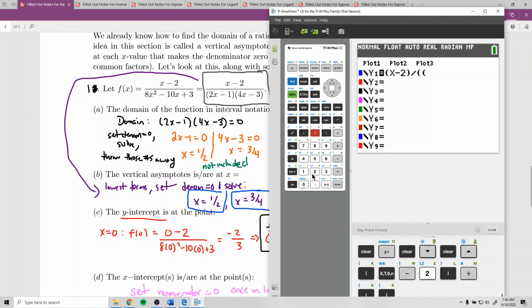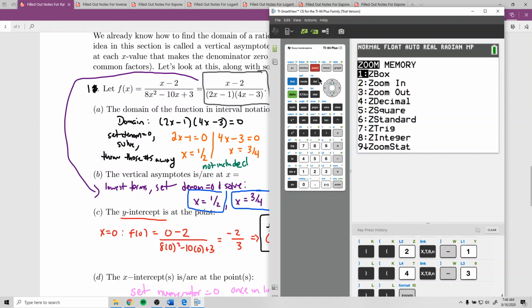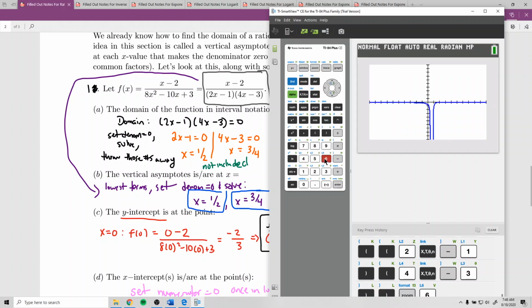So we have parentheses and then parentheses 2x minus 1. Close it, open it back up, and then 4x minus 3, and close them both off. If you do the unfactored version, which is fine, you only have to have the outside parentheses. But hit zoom and 6, and it looks like that.